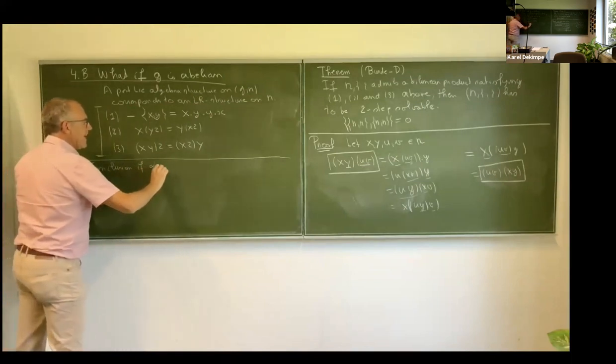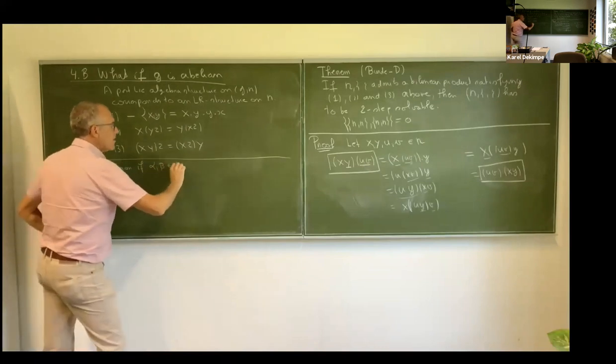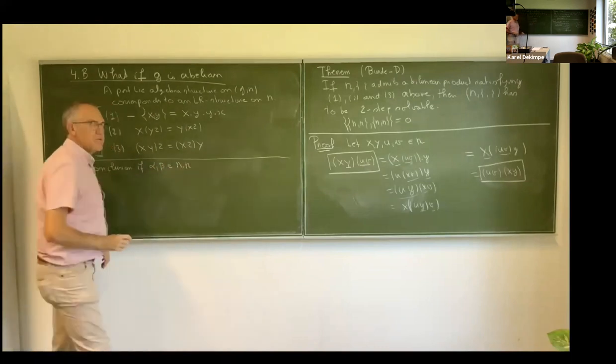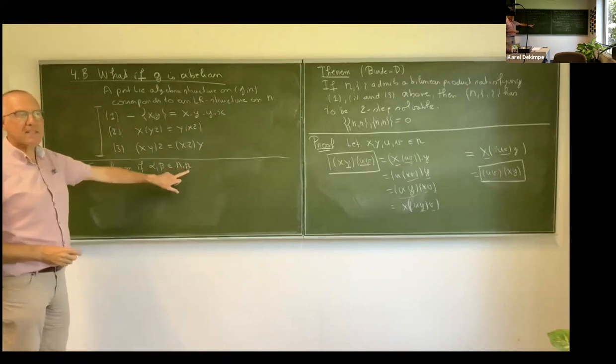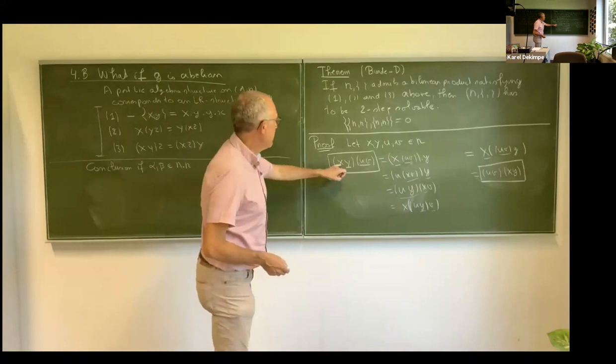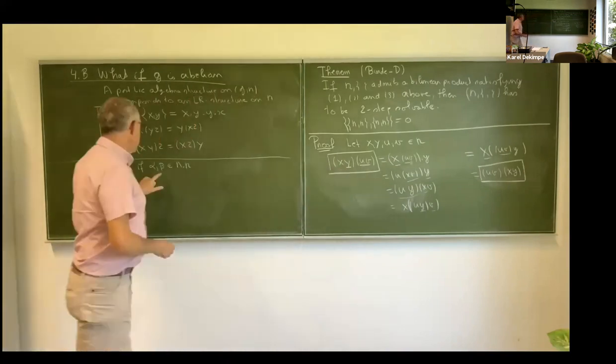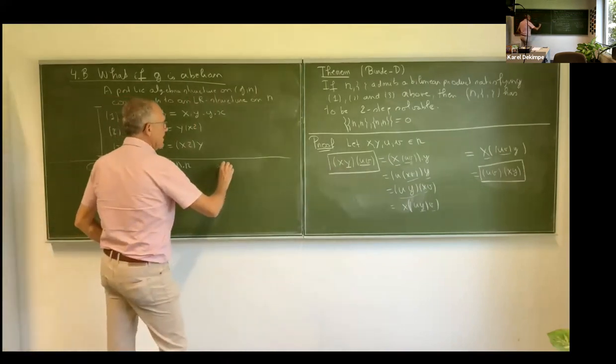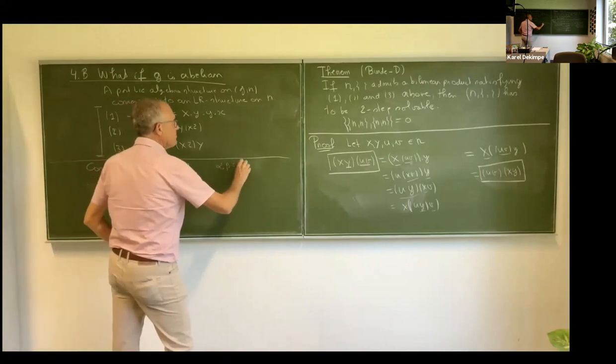If alpha and beta both belong to n dot n, so they are elements that you can write as a linear combination of, let's say, products of form xy, then these two elements commute with each other. So this means that alpha times beta equals beta times alpha.